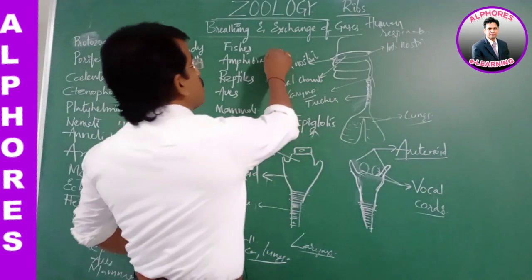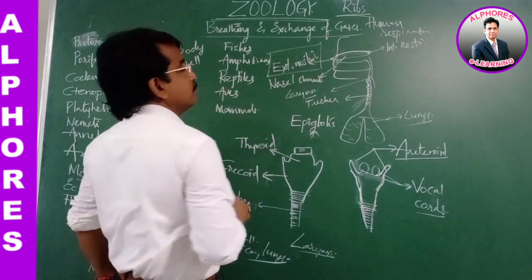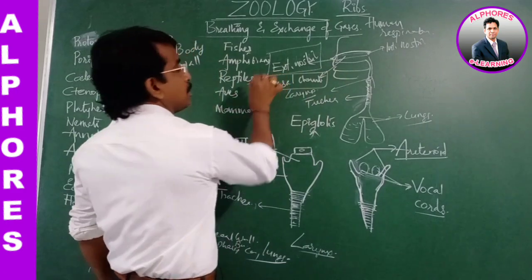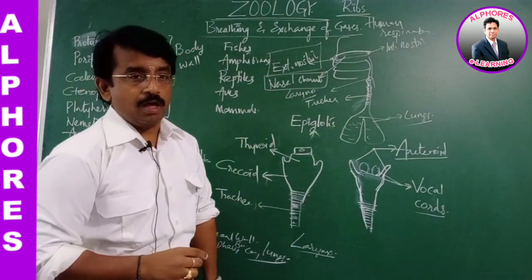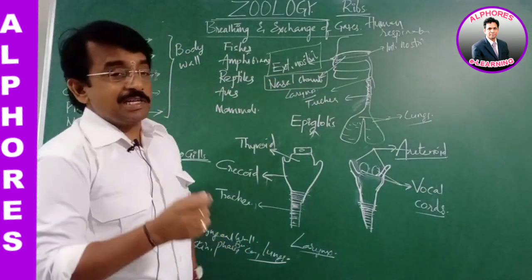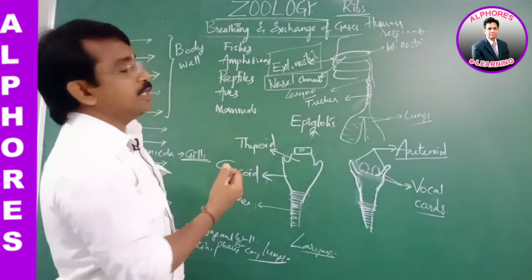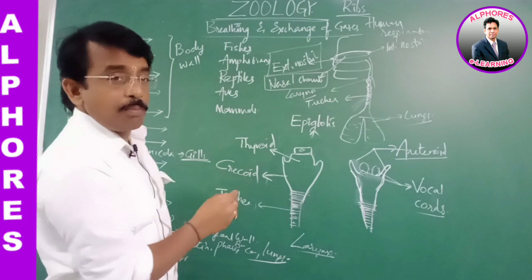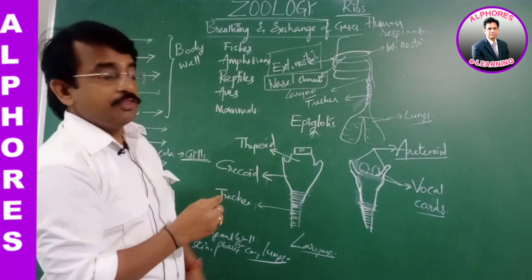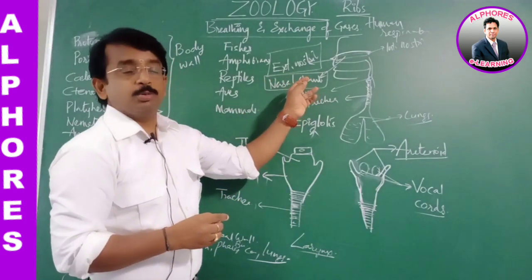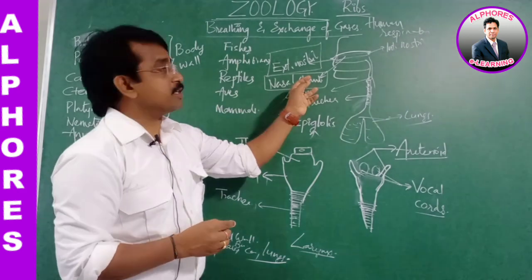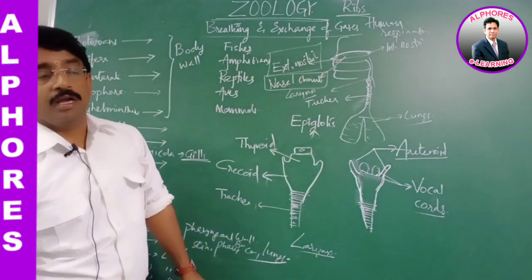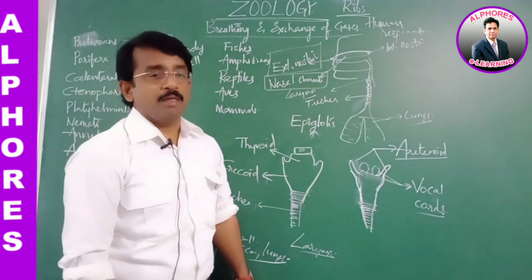The external nostril leads into the nasal chamber. The nasal chamber is regionalized into the vestibular part, the next into the respiratory part, and then into the olfactory part.